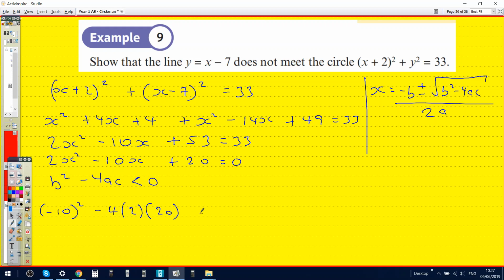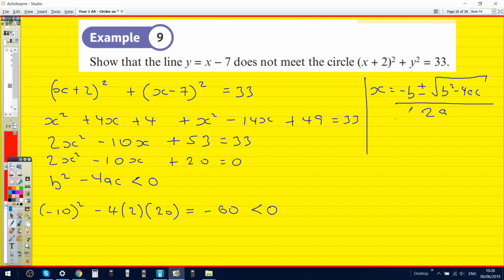Put that into your calculator. What do you get? Minus 60, which is less than 0.